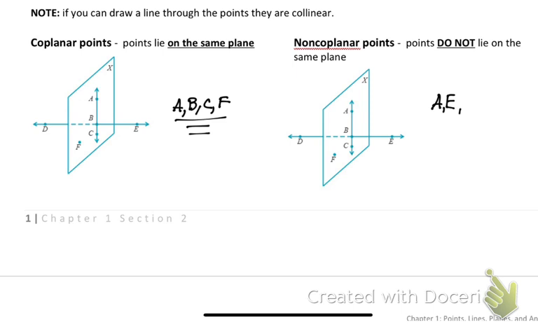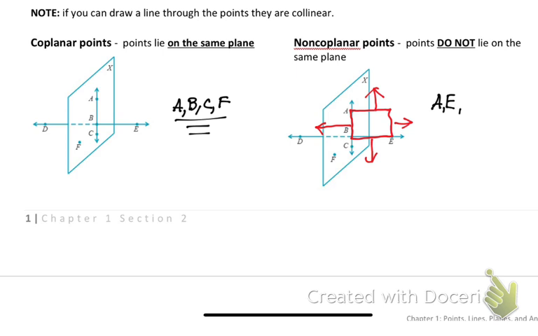Well, to be coplanar, it just has to be, can you draw a plane? So if you look at A and E, if I draw a picture like this, that's a plane. I drew the plane, that's fine. That just means A and E are on this same plane. Now remember, this plane goes down, left, up, right.